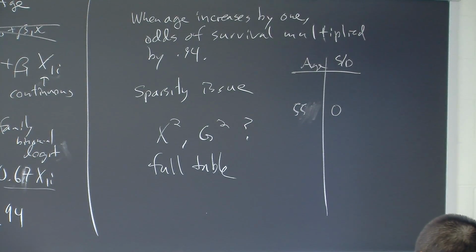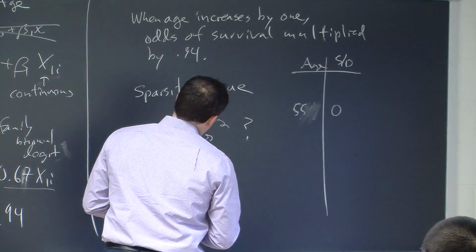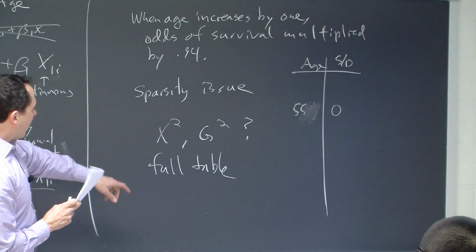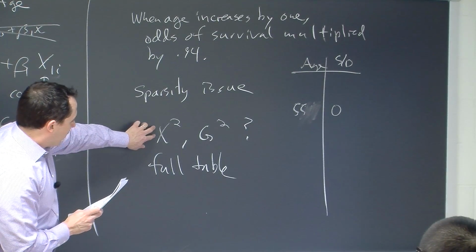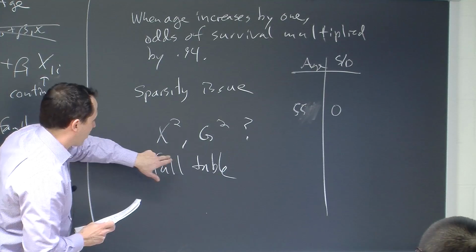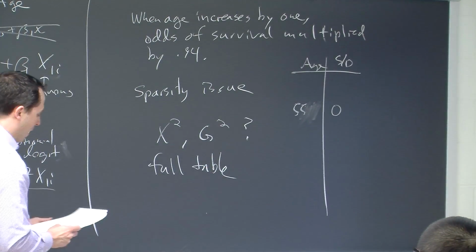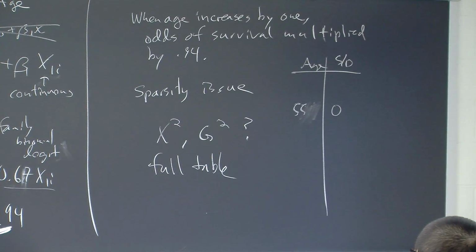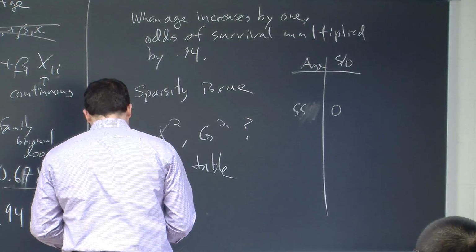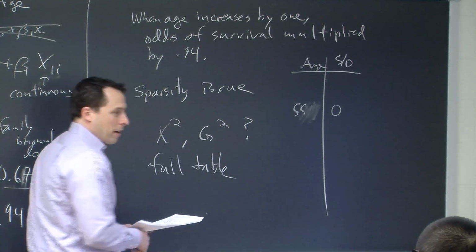Because with all these 0 cells, our rule of thumb that we shouldn't have more than 20% of cells below 5 is violently violated, right? There's nowhere near that, and that says that our asymptotic theory doesn't give us that these things are chi-squared should be expected to be anywhere near accurate. So we have to look at other options.